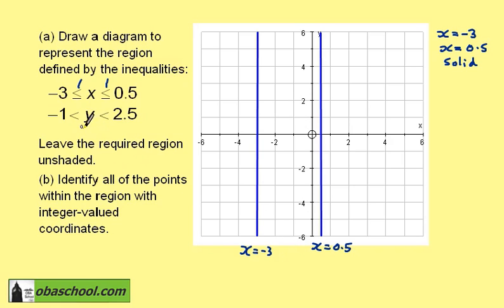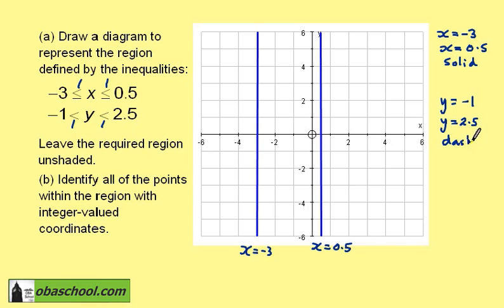Now to deal with the y inequalities. We need to draw the lines y is equal to -1 and y is equal to 2.5, and both of these lines need to be dashed because we simply have less thans.